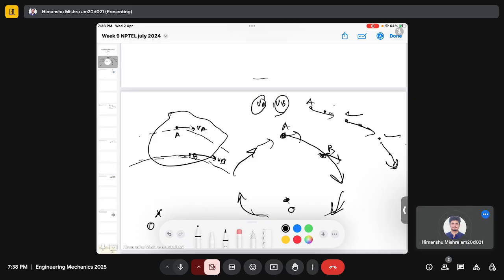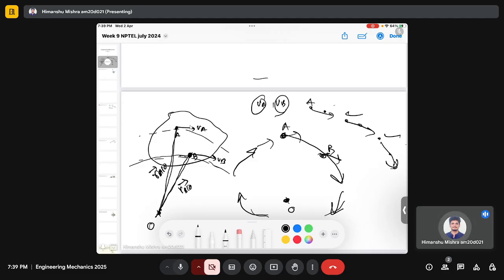This fixed point is actually the instantaneous center. To visualize this, we need a displacement vector which should be normal to the velocity, originating from point A to point O and point B to point O. So this is my RA with respect to O, and this is my RB with respect to O.